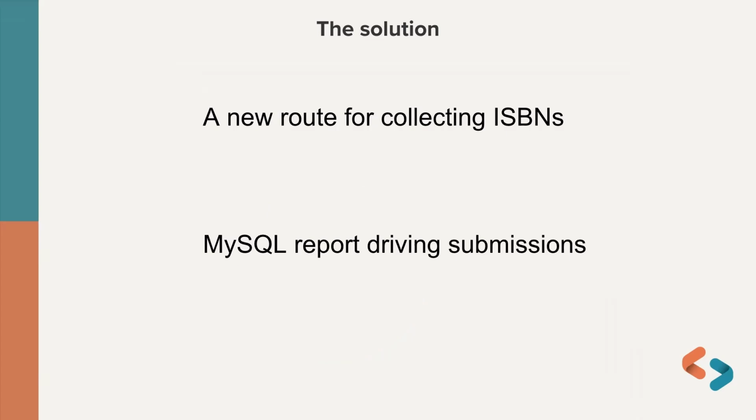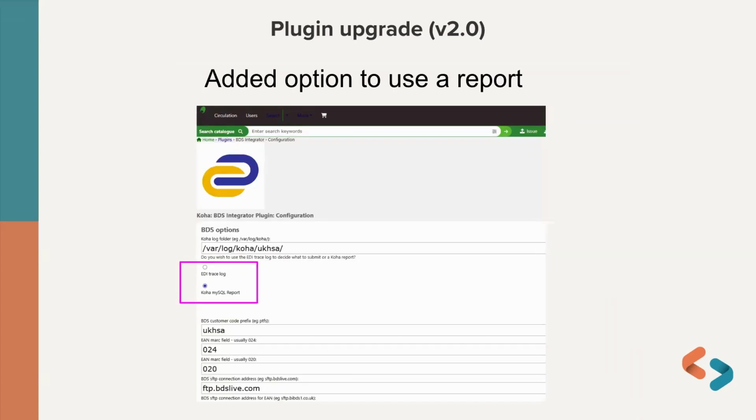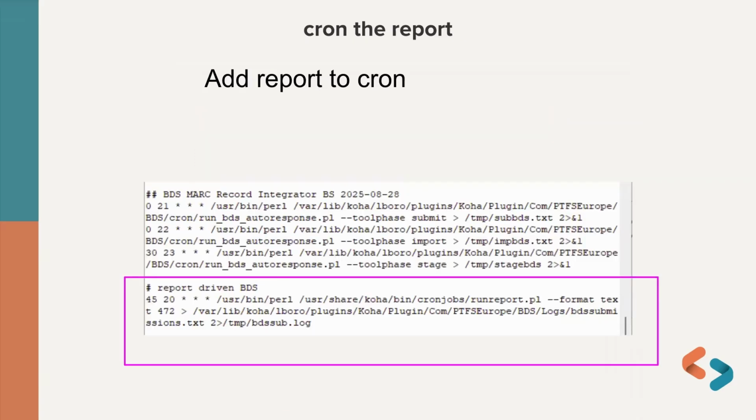So I enhanced the plugin for that, and it's upgraded. It's version 2.0. You can see it there. And the only change you see in the config is that instead of using EDI trace log, you can opt to use a MySQL report instead. So you tick that. Now, as I said earlier, all this runs in the cron at the moment, so it's scheduled.